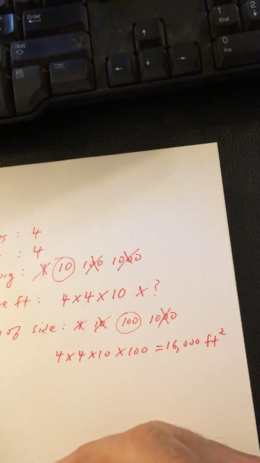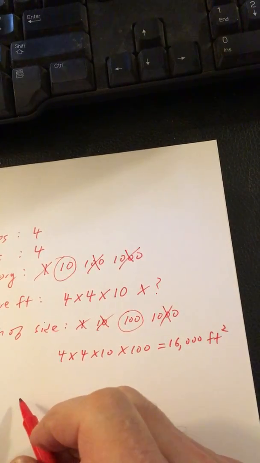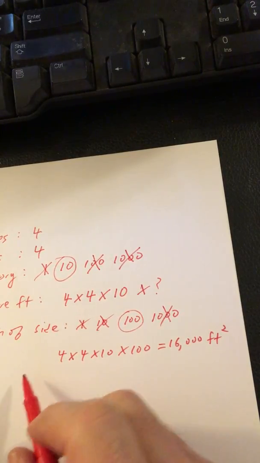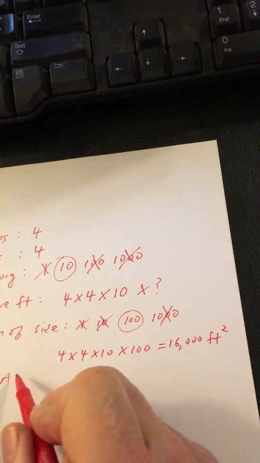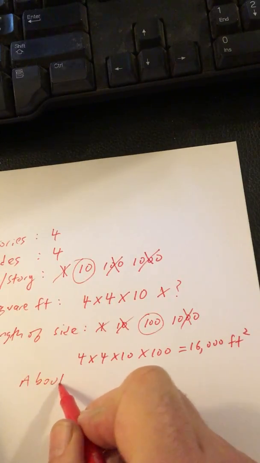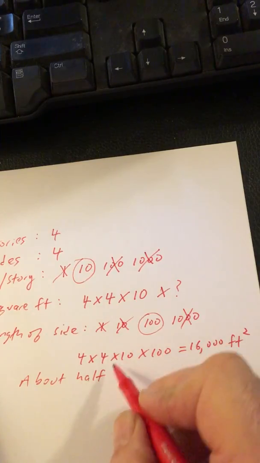All right, so if we have 16,000 square feet to cover with bricks, we're going to make a reasonable assumption here. Again, trying to keep things simple, we're going to say that about half of the walls are covered with brick.